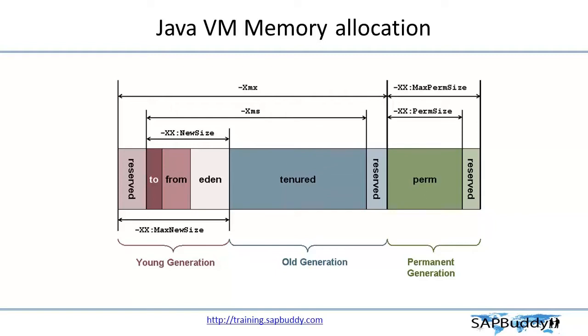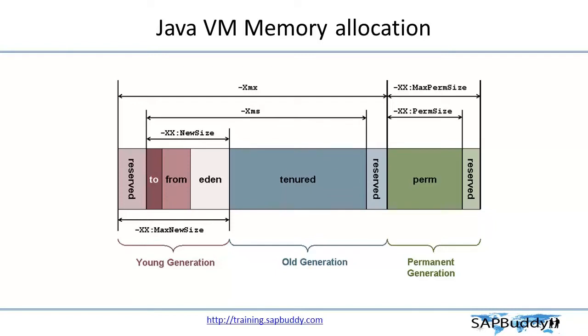That means it will become the tenured generation, because you are keeping it for a longer time. It's a similar concept to ABAP buffering, but a little bit different. We have a young generation and an old generation in order to differentiate. The reason is that the garbage collector will always go back to the old generation and start collecting the garbage, so we can identify it very clearly.